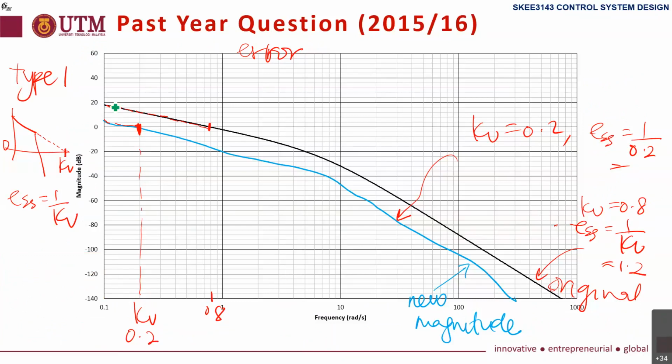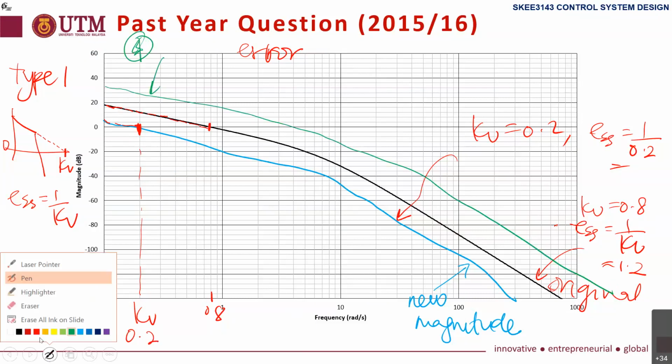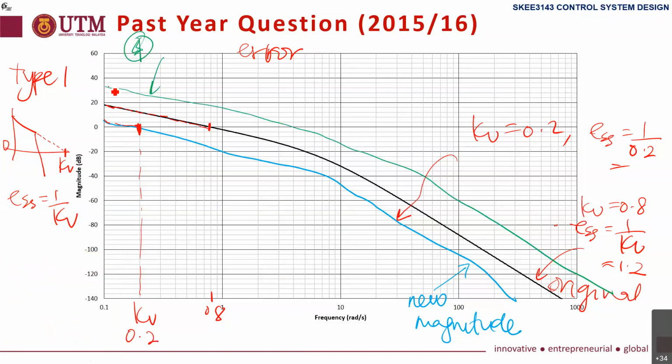If we also consider question number 4, in which we increase the magnitude. This is question number 3 and number 4. When we increase the magnitude, now kV, if we check the kV here, I can make a straight line.